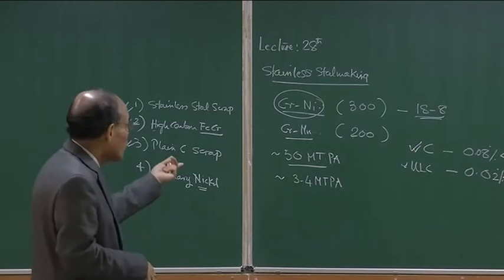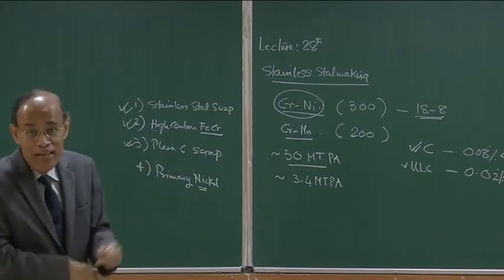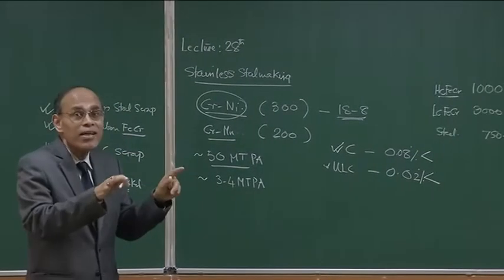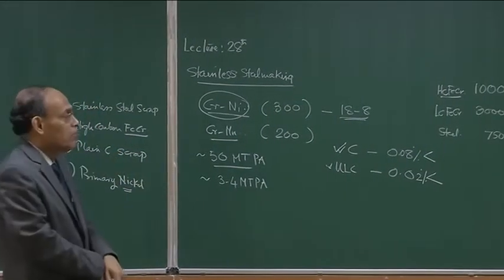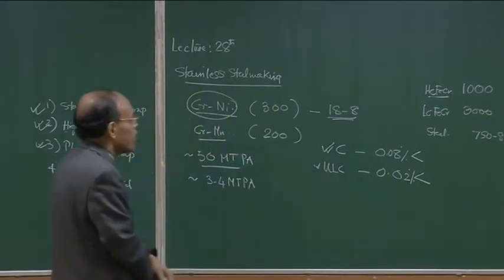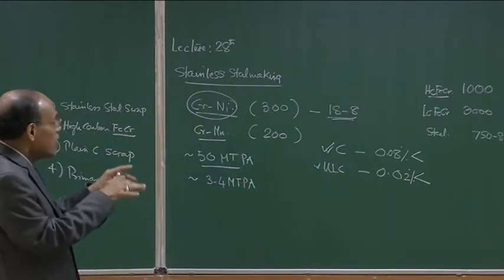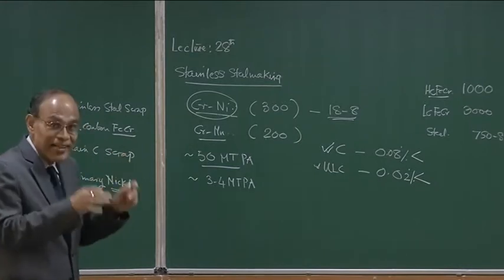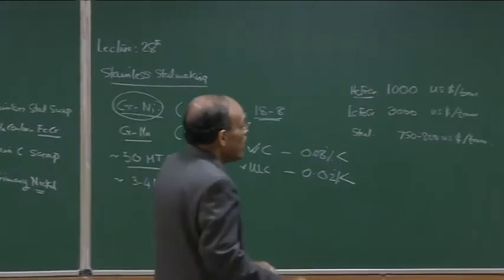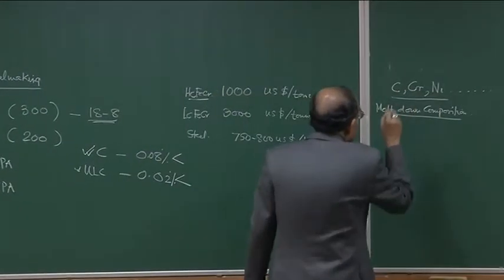Similarly, the amount of steel which is being produced, what I am quoting today is not going to be tenable after a few years. So, the numerical values that I am writing are representative values valid at this point of time that you must remember.